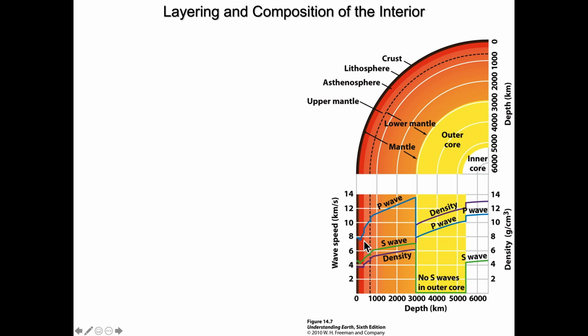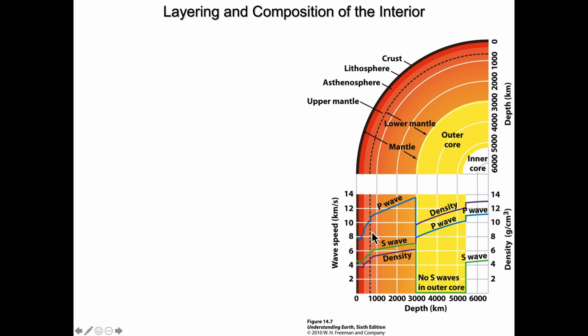Now, gradually, as we get through the asthenosphere, the density is continuing to increase. The density increases to a point where the wave speeds up dramatically. And this point here, where the wave speeds up dramatically, is a critical point in the Earth's structure. This is the boundary between the mantle and the asthenosphere.